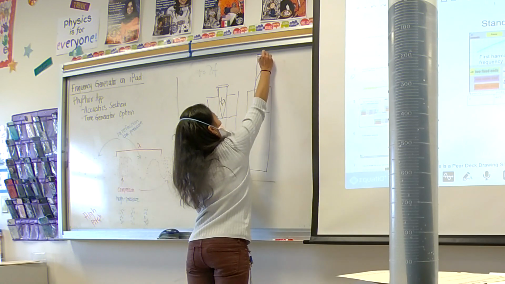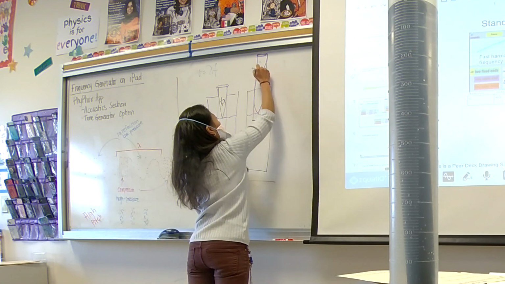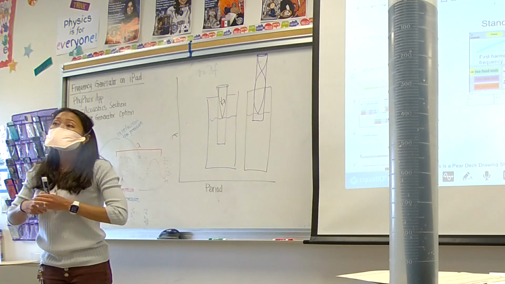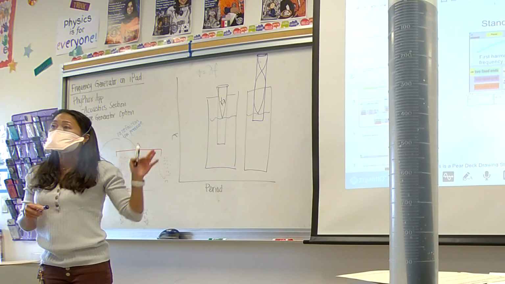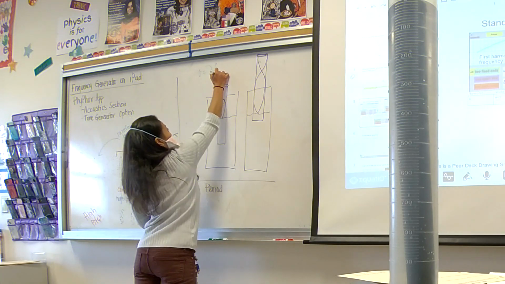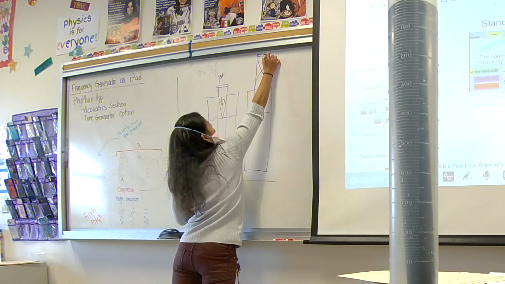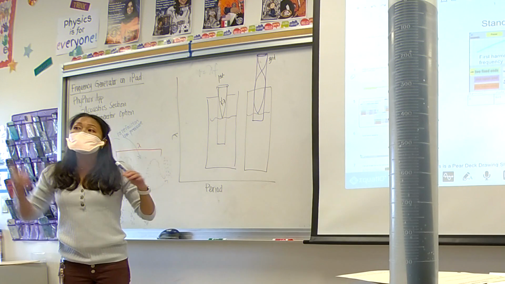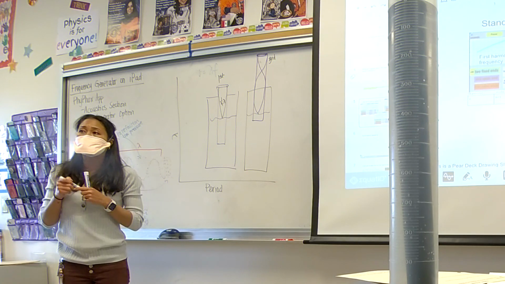It'll create one wave and then an antinode. And this could be the most common source of error that we get in this lab, because this is first harmonic and this is third harmonic. And you're going to hear both if you lift your tube up high enough.